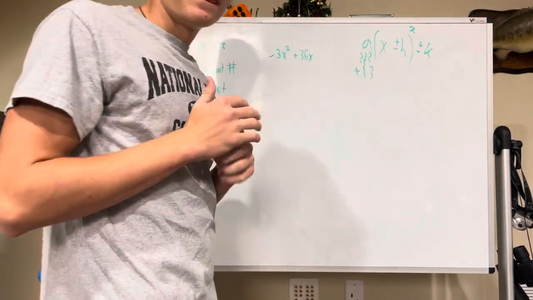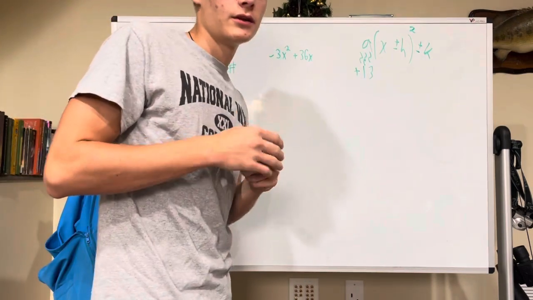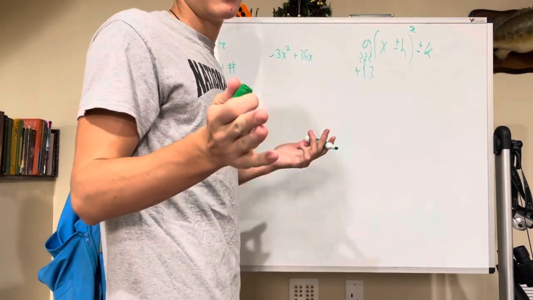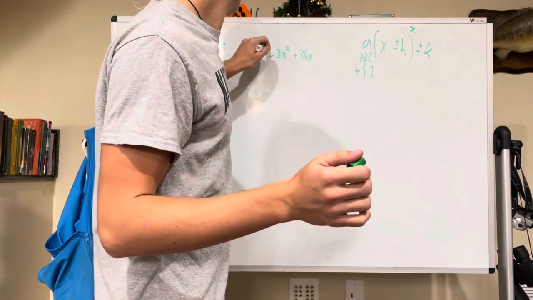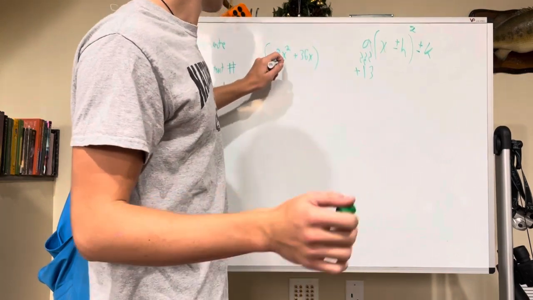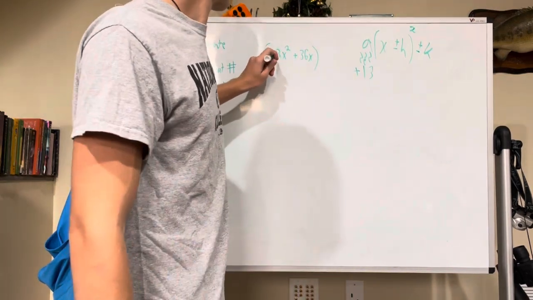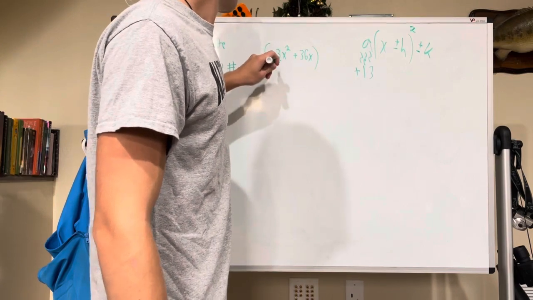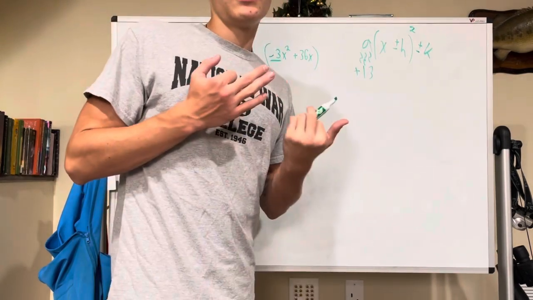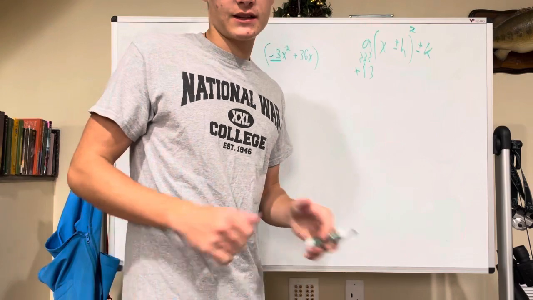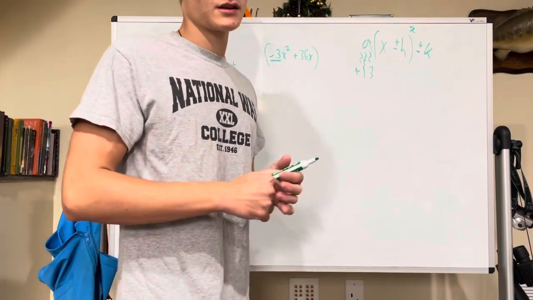Now then, the next thing that you need to do is take away whatever is right in front of the x squared. So in this case, it's a -3. You want to make the x squared completely by itself so that you could actually do this process.